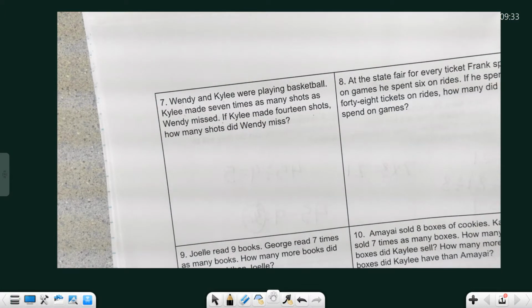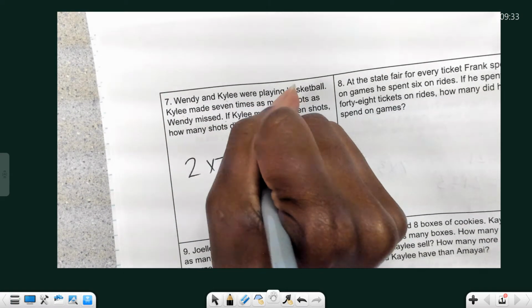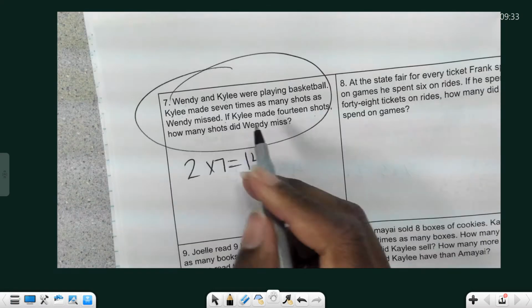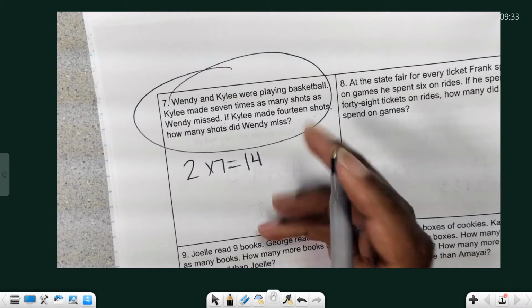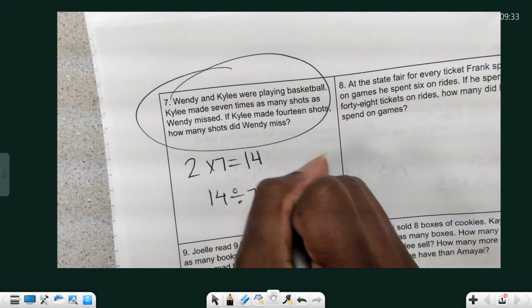Kylie made 7 times as many shots as Wendy missed. So Kylie made 14 shots. So how many shots did Wendy miss? What's your equation? We can say 2 times 7 equals 14, but according to the problem, 14 divided by 7 equals 2. Very good.